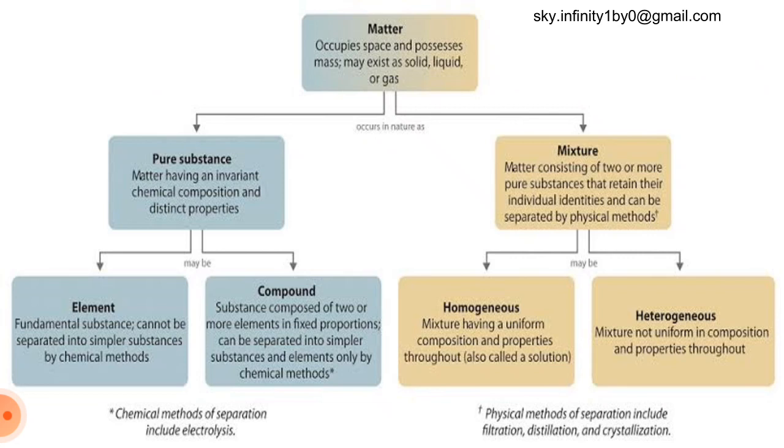Mixtures are either homogeneous mixtures, which are uniform throughout, or heterogeneous mixtures, which do not have a uniform composition and properties. The physical methods of separation of mixtures include filtration, distillation, and crystallization.